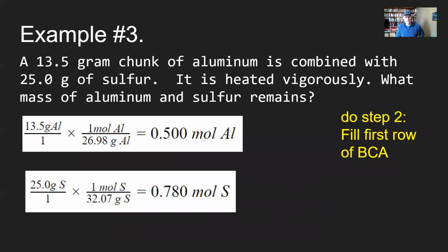Those conversions end up giving you a half a mole of aluminum and 0.780 moles of sulfur. At this point, you have those pieces of info. You should be able to fill in that first row of the BCA table as well as that limiting reactant section at the top. So do both of those.